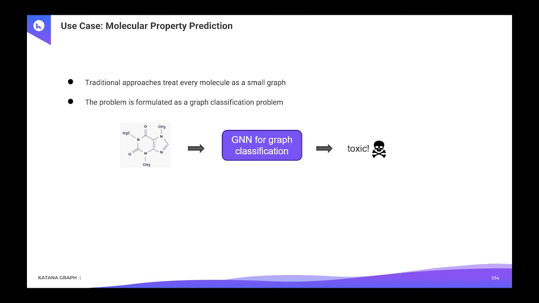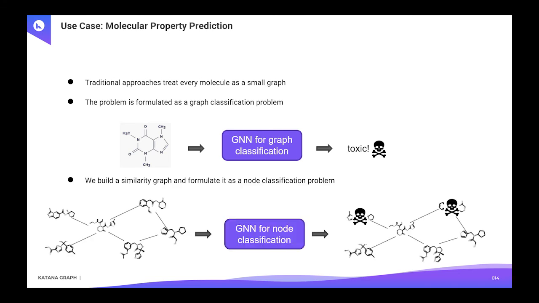So we developed a new approach in which we construct a similarity graph where nodes represent the extracted molecules or small compounds, and the edges represent their similarity relationships. Two nodes are connected if their Tanimoto similarity coefficient is larger than a threshold.